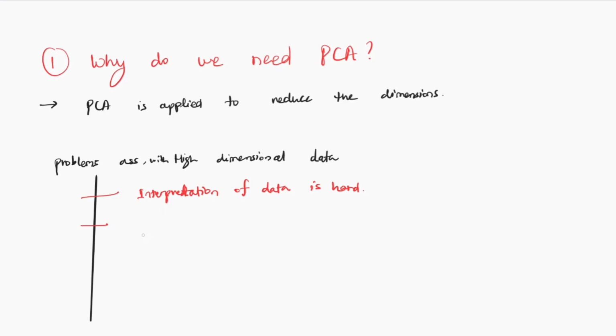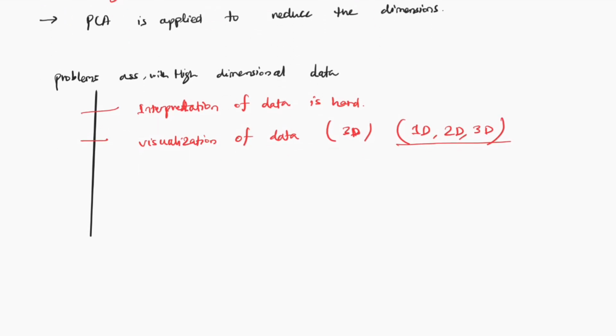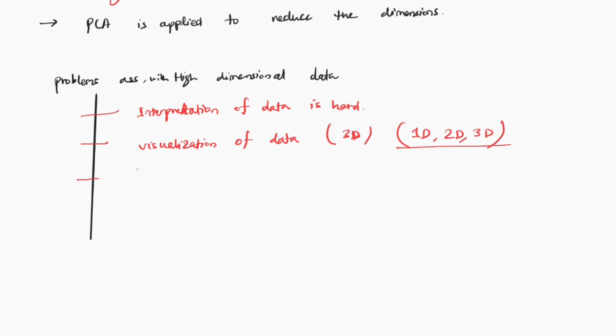The second one is that visualization of data is not possible when we go beyond 3D. If you have the data in 1D, 2D or 3D, then you can definitely do some kind of plotting and see how the data is distributed. But when you have more than 3D, you are going to have a difficult time visualizing that data.